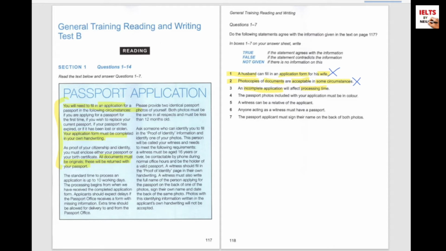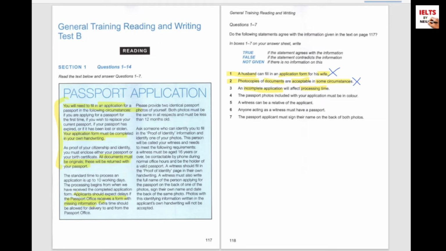The processing begins from when we have received the complete application form. Applicants should expect delays if the passport office received a form with missing information. There you go. So this one here, missing information, means the form is not complete.